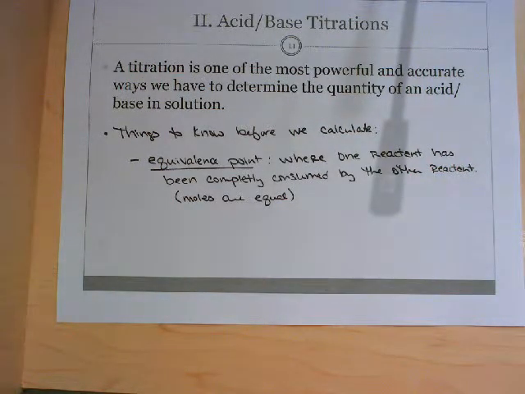The equivalence point is where the moles of the two reactants are equal to each other, where one reactant is completely consumed by the other reactant. Everything we've done until now, one has been used up, but we still have some of the other one left over. The equivalence point is where there are 0 reactants left over, equal moles. So they cancel each other out.